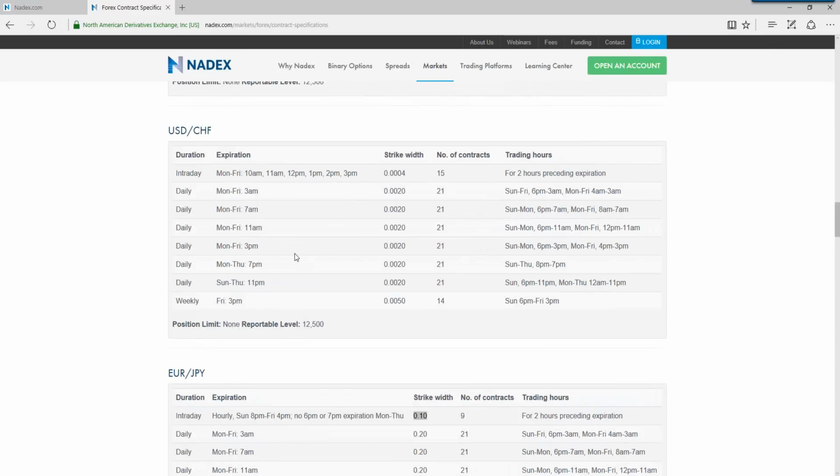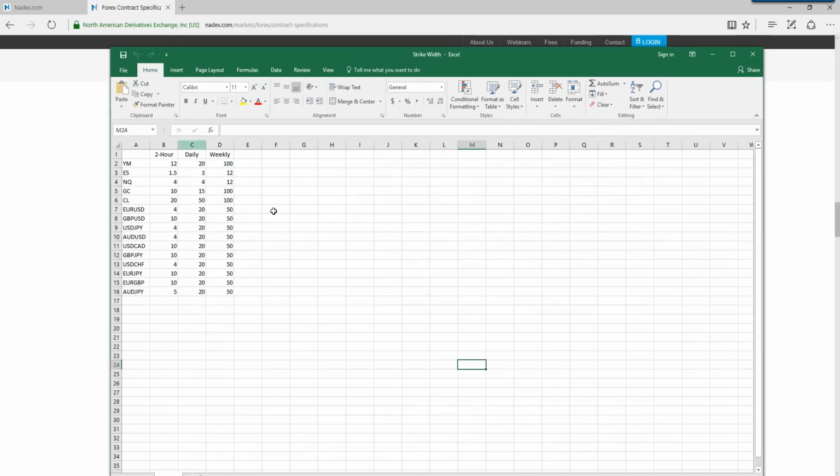That way it allowed me to instantly see the strike width. I did this in an Excel spreadsheet, and if I notice that they changed this, then I go back and change my spreadsheet.